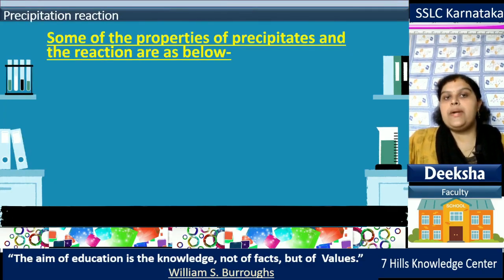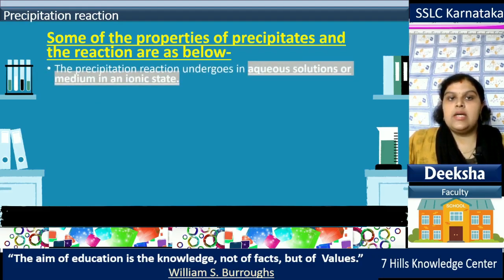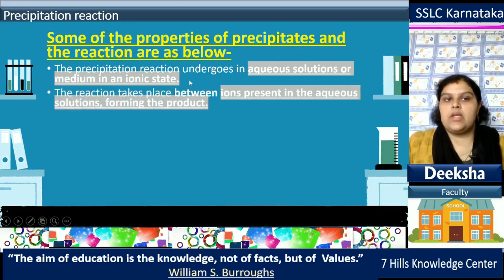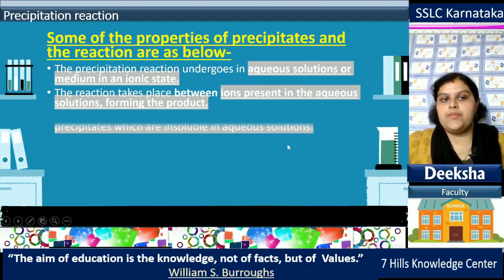Next, we have some properties of precipitates and the reaction. What are the properties? The precipitation reaction takes place in aqueous solutions or medium in an ionic state. The reaction takes place between ions present in the aqueous solutions forming the product.